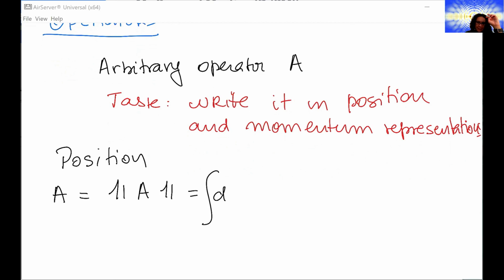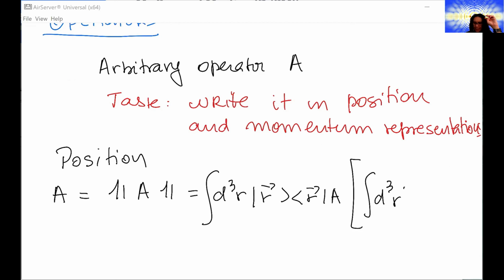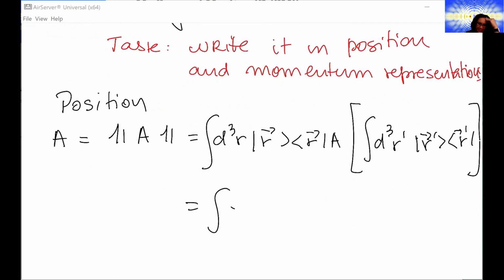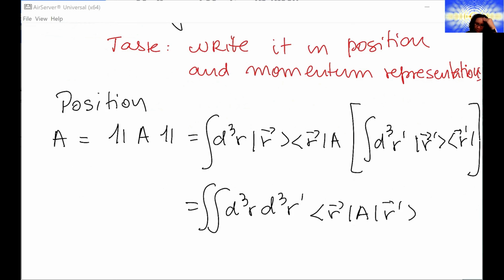So I'm going to have the integral d3r |r><r| A, and here I'm going to have d3r' |r'><r'|, which is going to give me the integral d3r d3r' |r><r|A|r'><r'|. So this guy is your matrix element of A in the position representation.